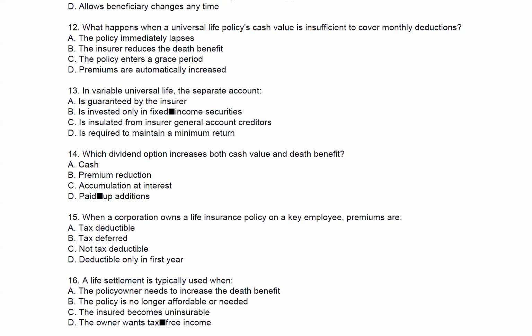And the answer would be B, invested only in fixed income securities. No, try again. It'll be D. No, the answer is C.